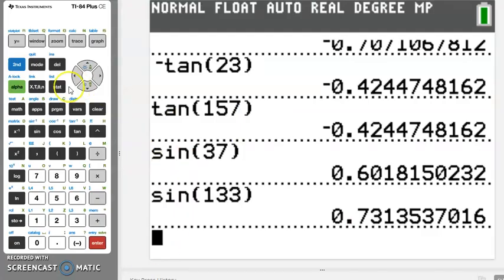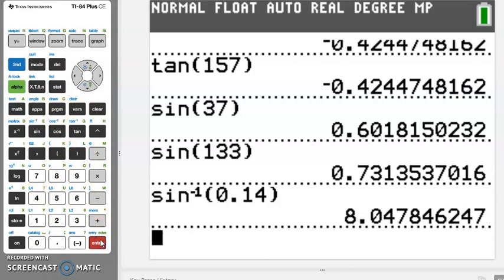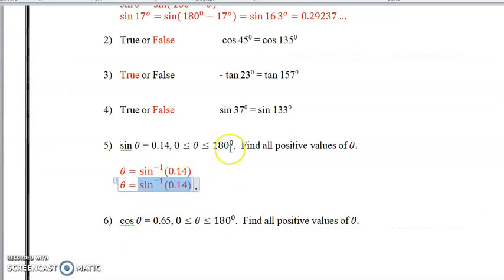So we go to our calculator. Second function, sine of 0.14, close your brackets. We get 8.047, so 8.05, or just 8 degrees. Equals 8 degrees.